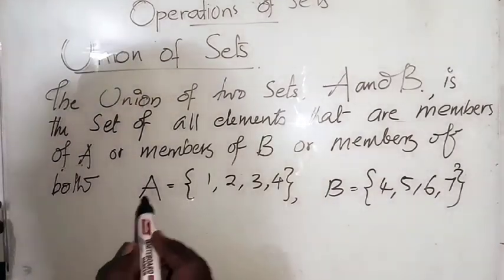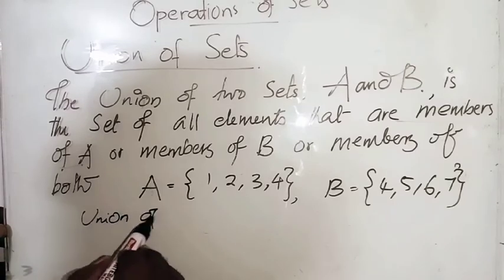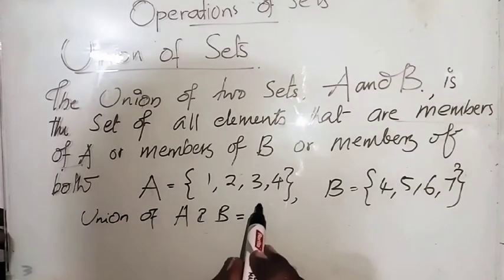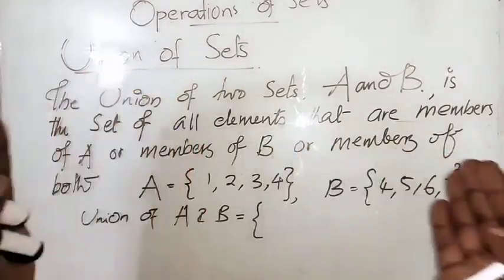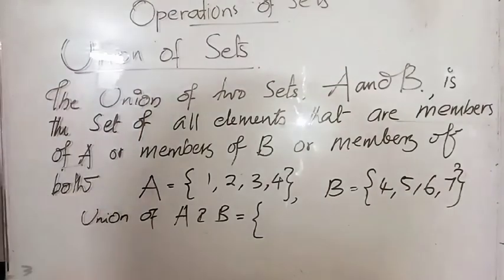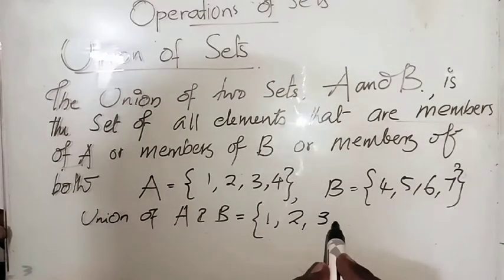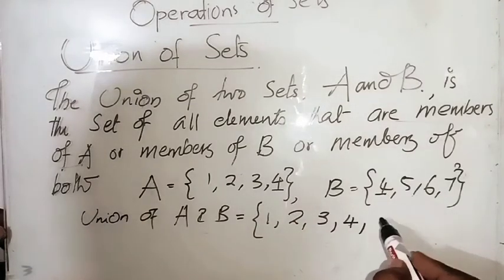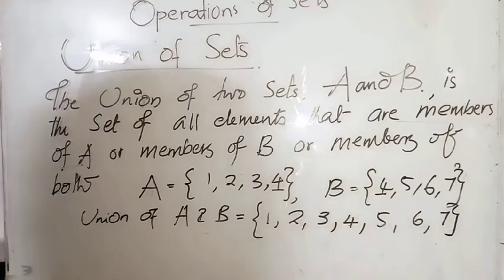Then the union of A and B is: combine these two sets, join these two sets together. We get set 1, 2, 3, 4 repeats twice, so write only once, 5, 6 and 7. It's very simple.